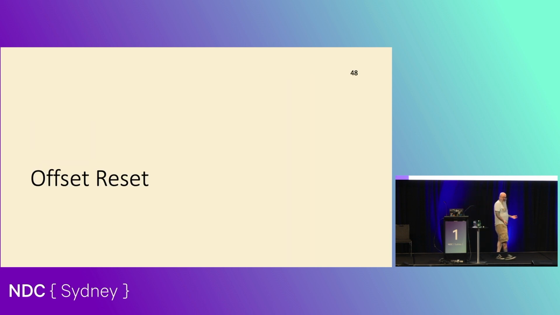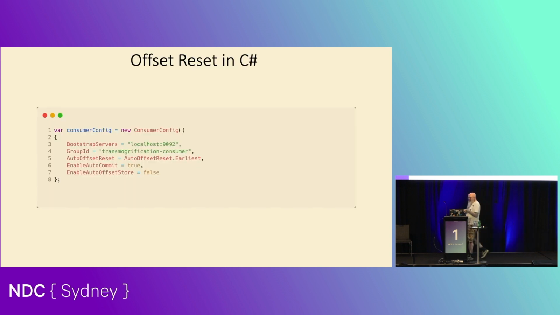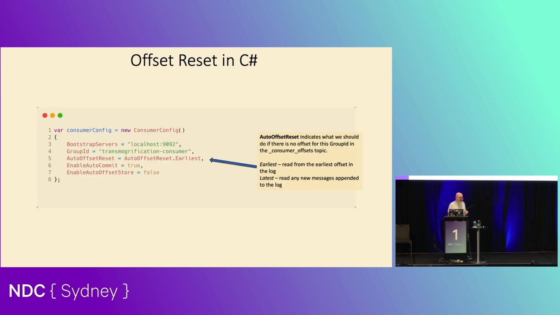Resetting the offset. So as I mentioned, sometimes you may find, particularly if you're developing locally and you're playing around with stuff, going, oh, I've got all these offsets. My consumer's now at offset 94 or whatever, and I want to start again and replay everything and fix my bugs, etc. Or even sometimes in production scenarios we get it. So the trick is just to rename your group ID.